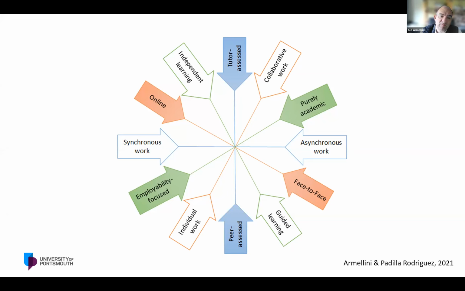Yes, I've got a location element, if you like, online, face-to-face there as one of the dimensions, but there's a lot more. In particular, these days, synchronous, asynchronous is a key element. How do we balance those forms of interaction of the three types: learner, tutor, learner, content, in real time, synchronously, or in their own time, asynchronously?